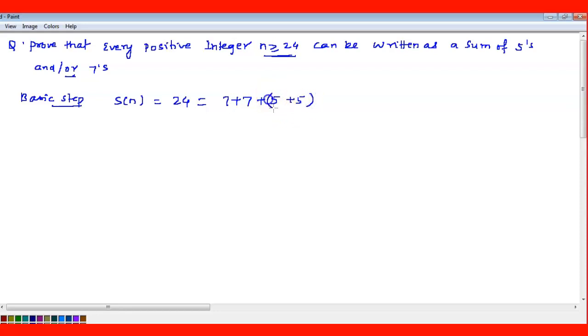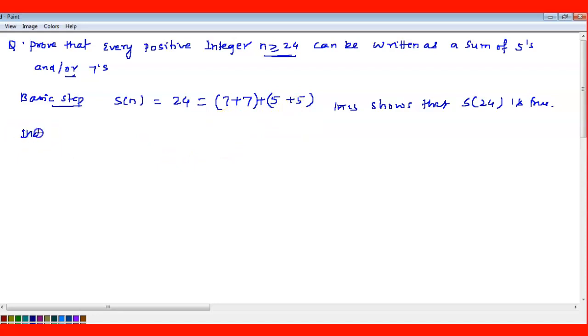Right, 2 times 5 and 2 times 7. So this 24 we can express in terms of 7 and 5, right? So S24 is true.